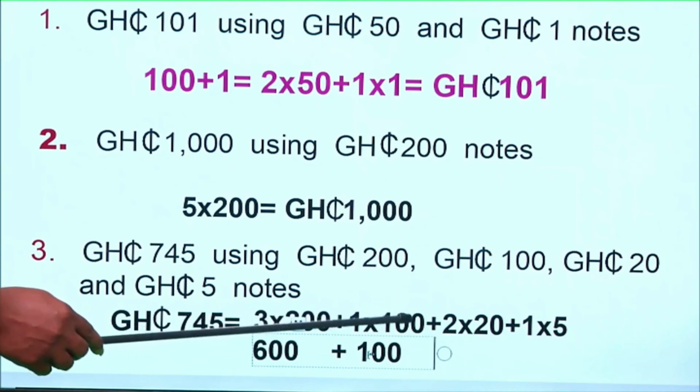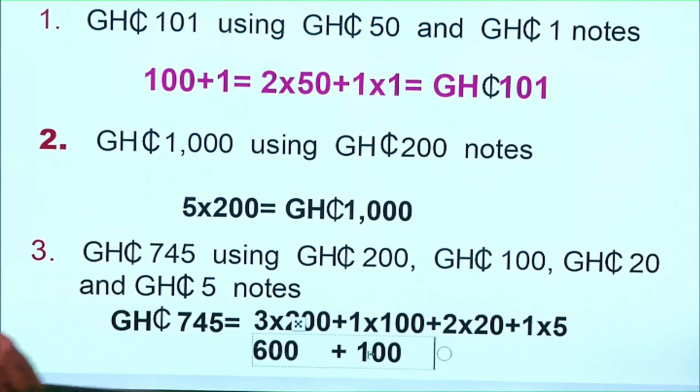Plus 2 times 20 will give us 40. And the last one, 1 times 5 will give us 5.